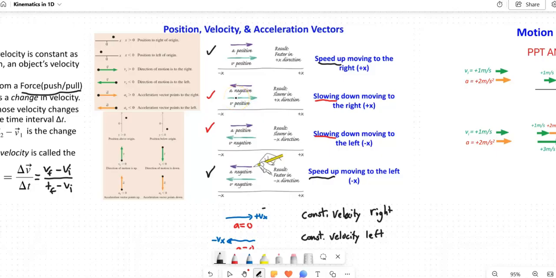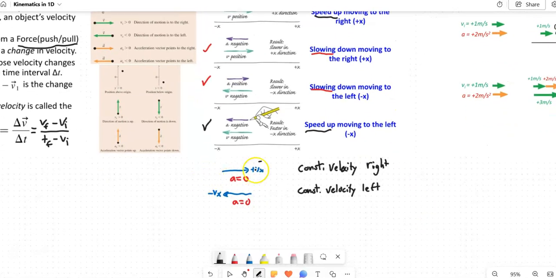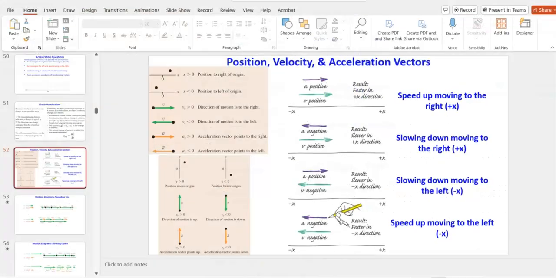So the next vector will be a little bit smaller, just like we learned in vector addition and subtraction in one dimension. Okay. Constant velocity is when you have a velocity vector but no acceleration vector. So nothing is adding to your initial velocity, so your initial velocity is equal to your final velocity. Okay? All right.